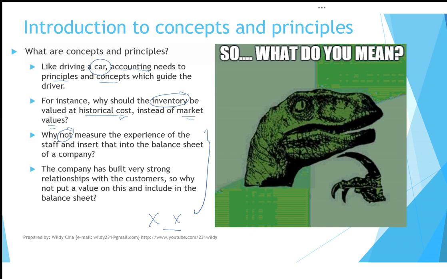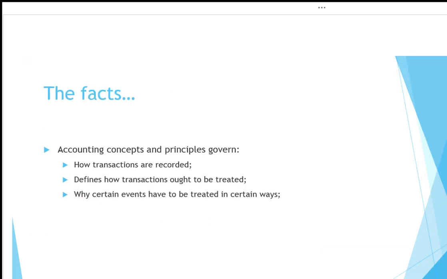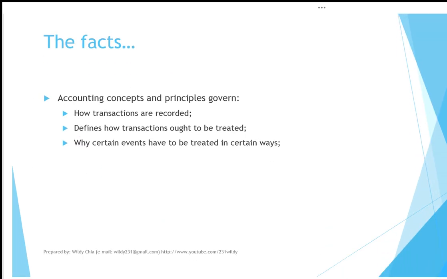So what does it lead us to? The facts are, accounting principles and concepts are very important because these govern how transactions are recorded. How do we treat the accounting transaction? Do we treat an accounting transaction as an asset? Do we treat it as an expense?